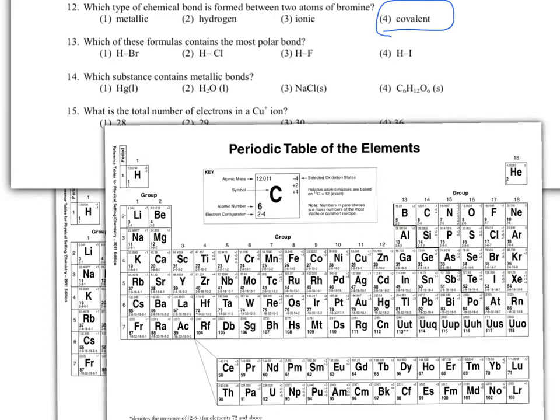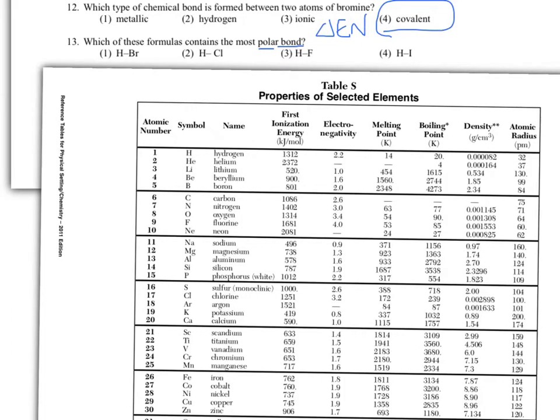The next question is a question that will not be on our bonding exam, but will be on subsequent exams, and it asks, which bond is most polar? Here, the key terms are bond and polar. Recall that the polarity of bonds is a function of the difference of electronegativity. The difference of electronegativity will have to be calculated using reference table S. Notice that all of these compounds contain hydrogen.